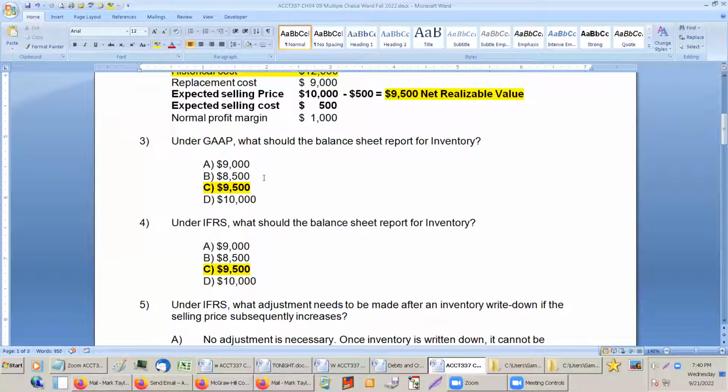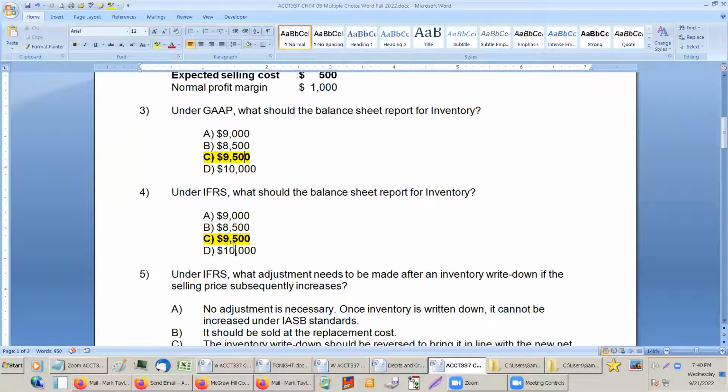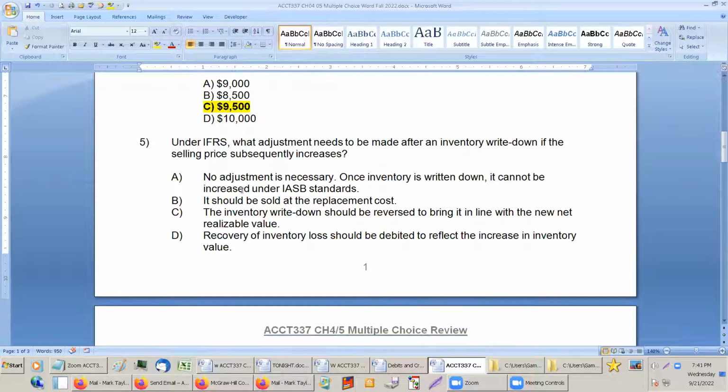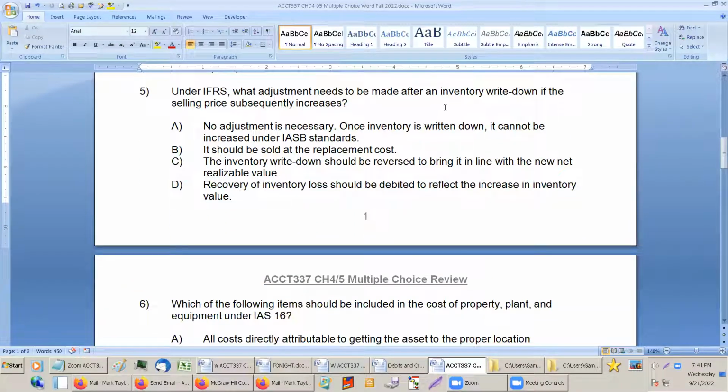So at the end of the year, if there's inventory that is impaired or obsolete or whatever, write it down. But it's probably going to be realized fairly quickly anyways. But international standards allow you to write it back up. So IFRS and GAAP both write down exactly the same now. Okay, under IFRS, what adjustment is made to inventory write down if the selling price subsequently increases?